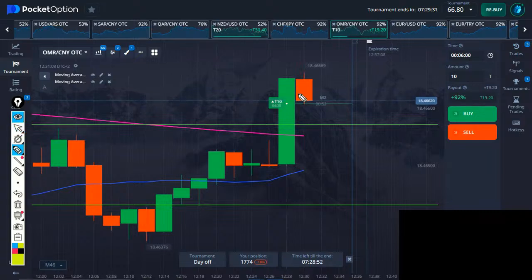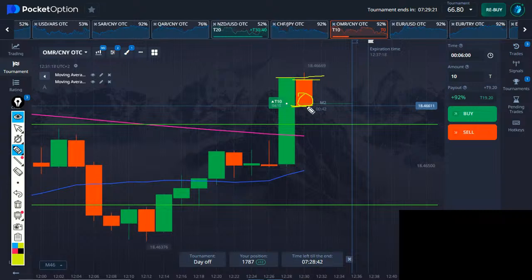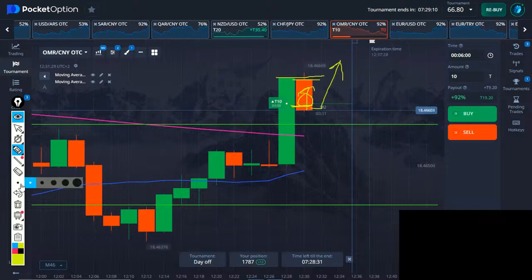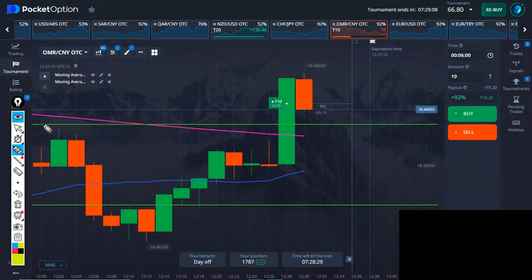The opening price was lower than the closing price of the previous candle. So this baby here will reject at some point or will not push down too much further. It will reject at some point and push back up, or the candle after will give us our buyer's momentum.